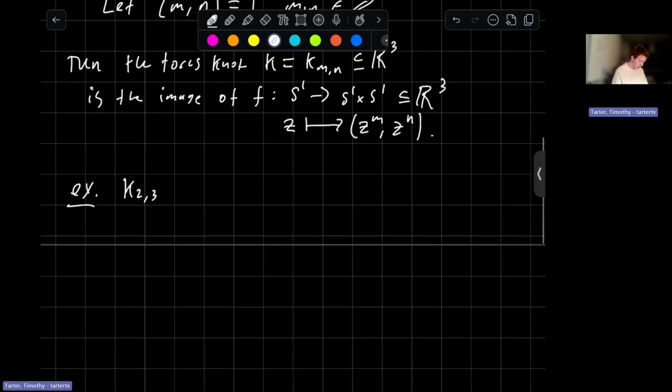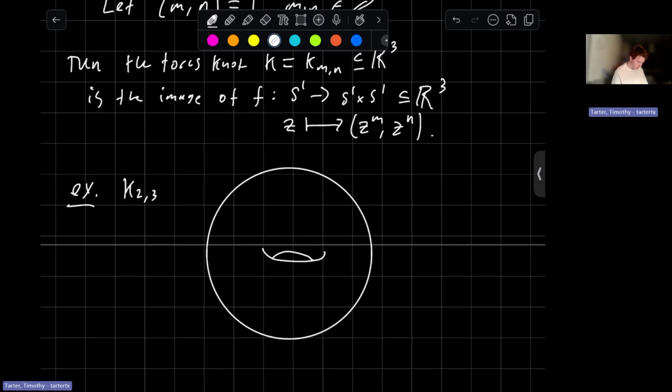So, example K(2,3), if we're given a torus. Wait, it goes the other direction. So let me start.